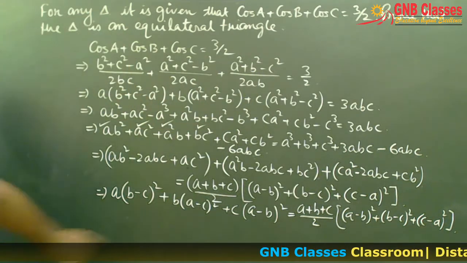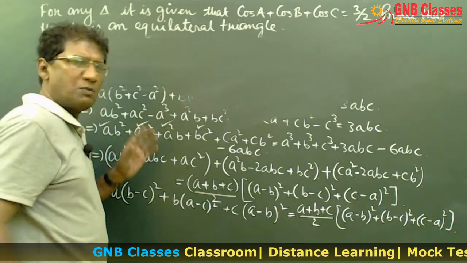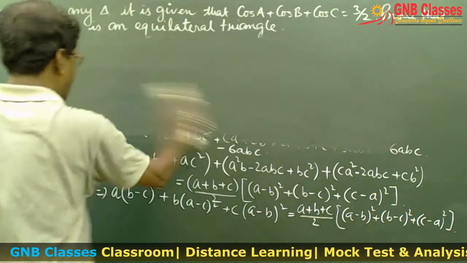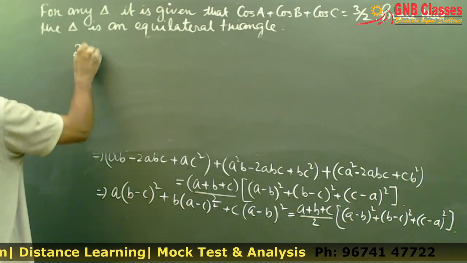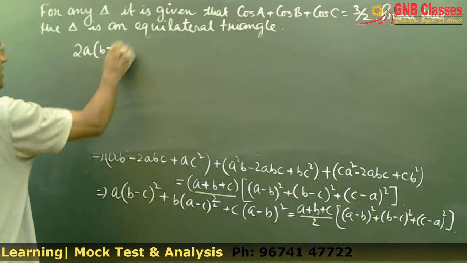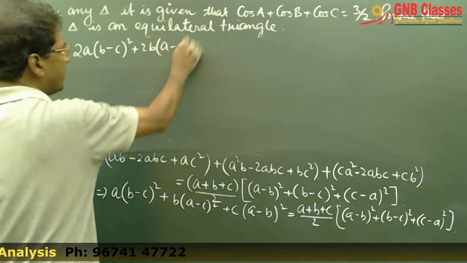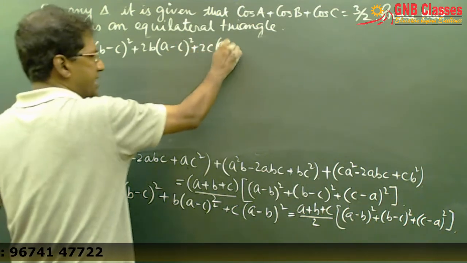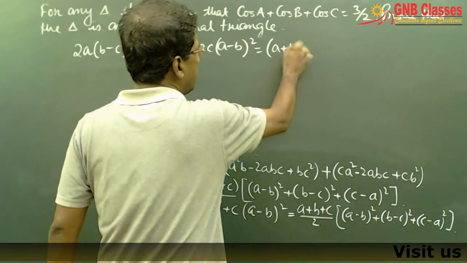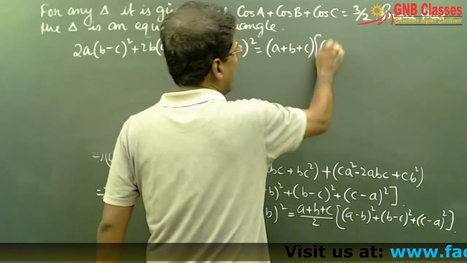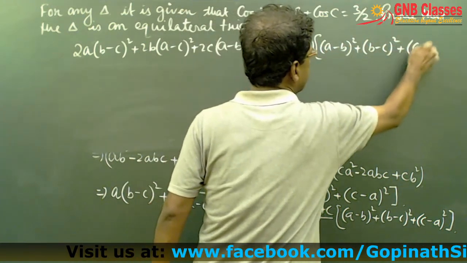Now what I'm doing here is, I'm just cross multiplying these two. So what we are going to get? We are getting 2A times B minus C whole square plus 2B times A minus C whole square plus 2C times A minus B whole square, which is equal to A plus B plus C into A minus B whole square, B minus C whole square, C minus A whole square.